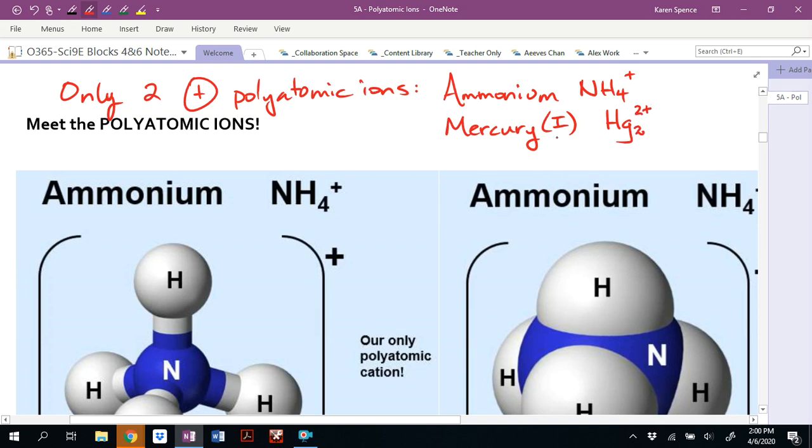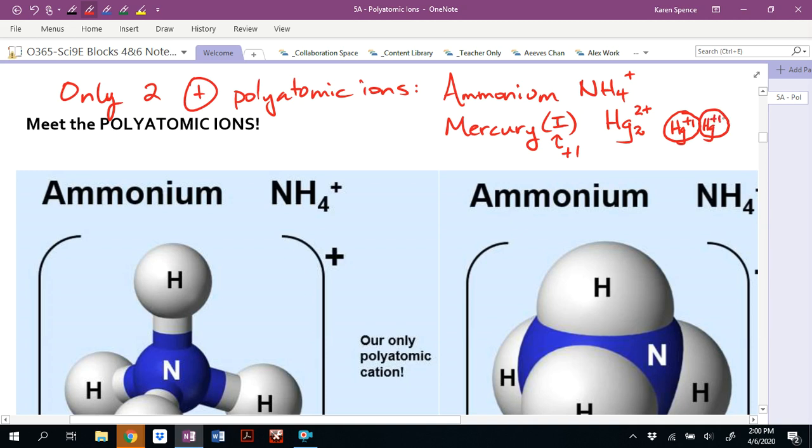Because mercury 1 means mercury has a +1 charge, if you remember your Roman numerals. Well, what we've really got is an Hg, and it has a +1 charge, and it is bonded to another mercury with a +1 charge.